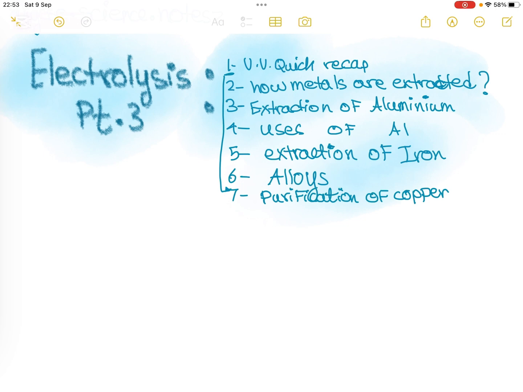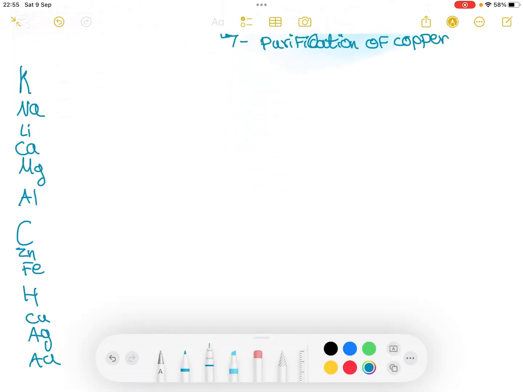Metals, as I told you before, we have this reactivity series. This is the periodic table. As you can see over here, this is in one group, and then we have carbon itself alone, and then we have hydrogen, which is used when solving for electrolysis.